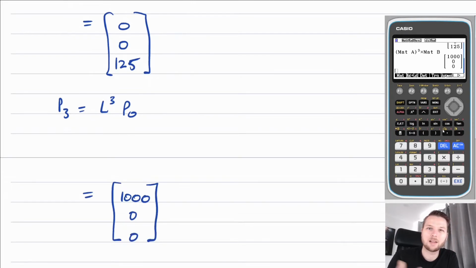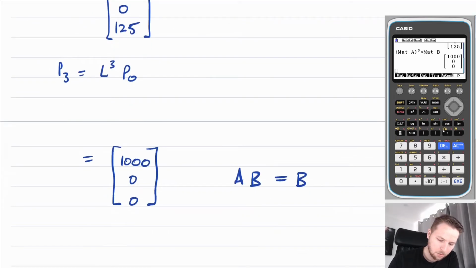Well, that was our initial population. What happens if you've got a matrix A times any matrix B, and you get B? That's weird. Here we had L cubed times P naught equals P naught.